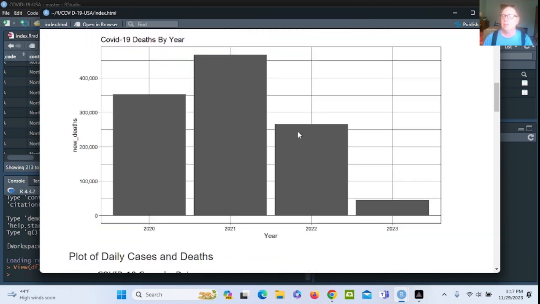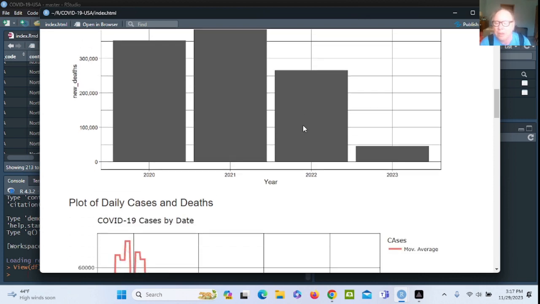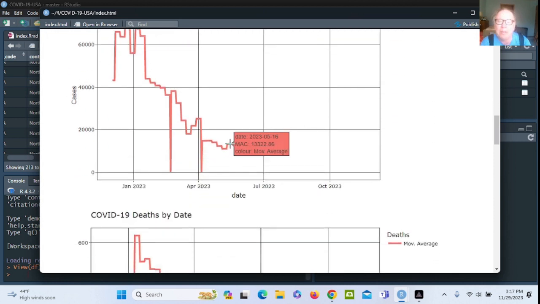Deaths, well, we had about 200,000 deaths in 2022, but we have no idea how many this year. So over 200,000 COVID-19 deaths were acceptable for 2022. But you can see the numbers stop.